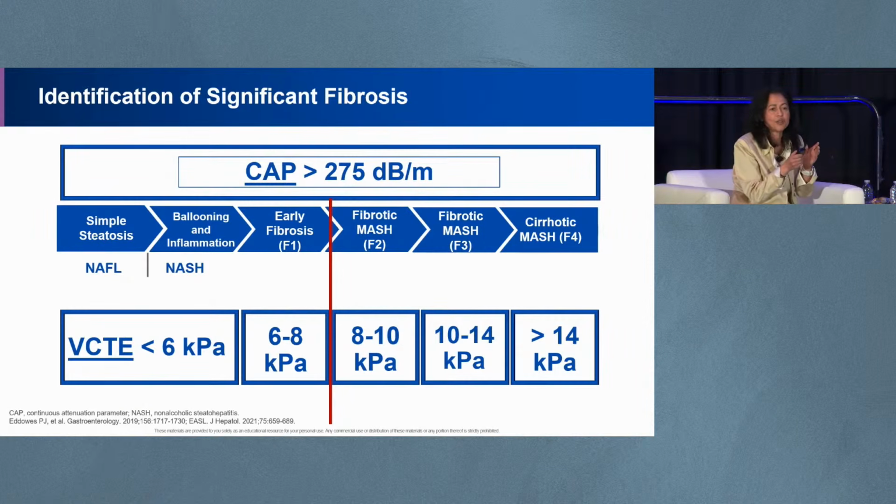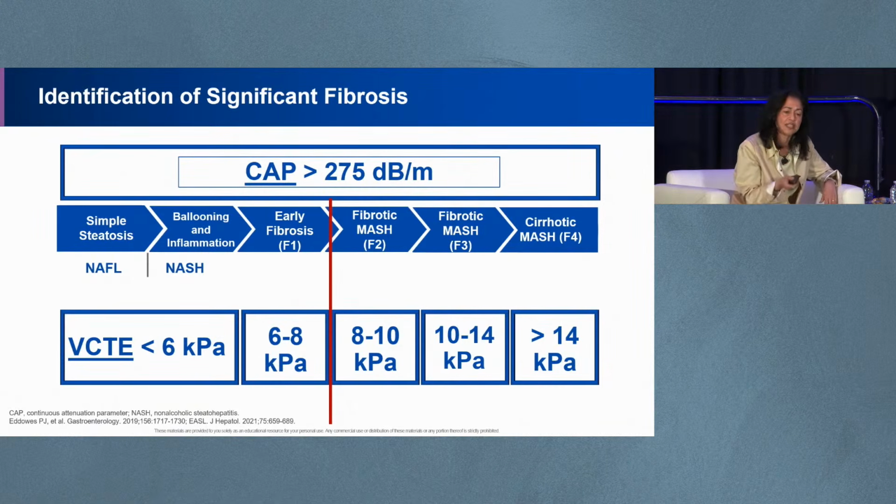By the time you have F2 fibrosis, you have a 10-fold increased risk of liver-related outcomes that increases to 17-fold at F3 fibrosis. So the goal is to identify people at that F2 threshold to engage them in care, whether that be obviously lifestyle intervention, but also potential pharmacologic therapies.